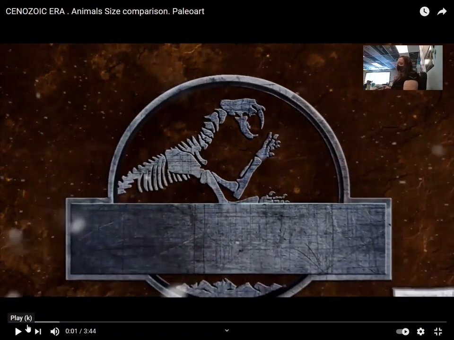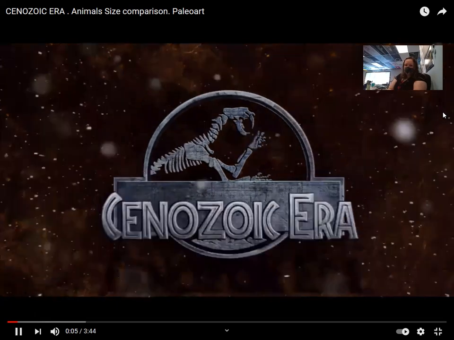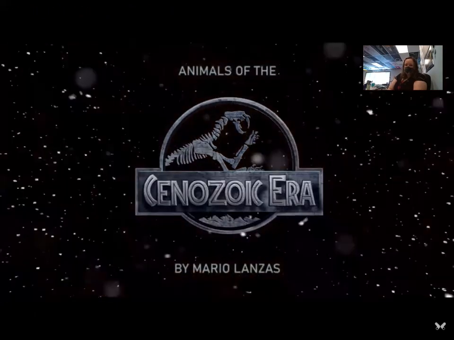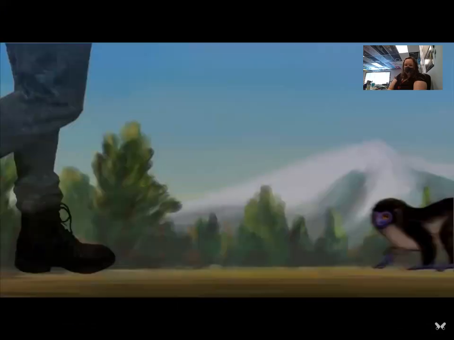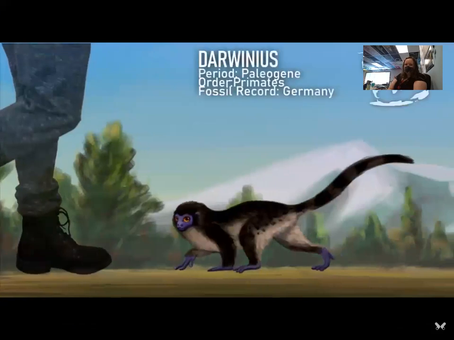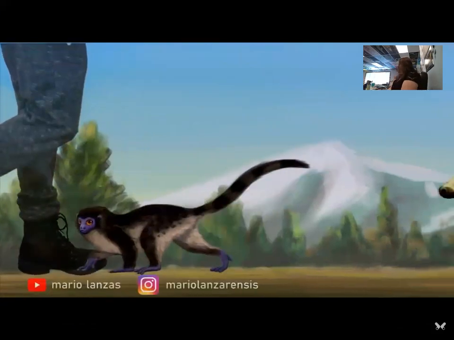So it's gonna be just a comparison of different animals that lived during this time period. So you can get an idea of how big these mega mammals were. Okay, that would be one of the early ones, about the size of a cat.